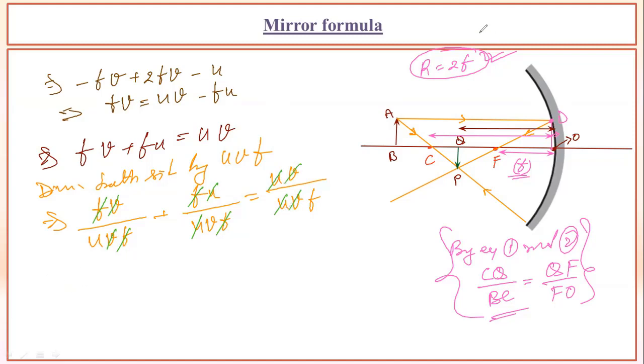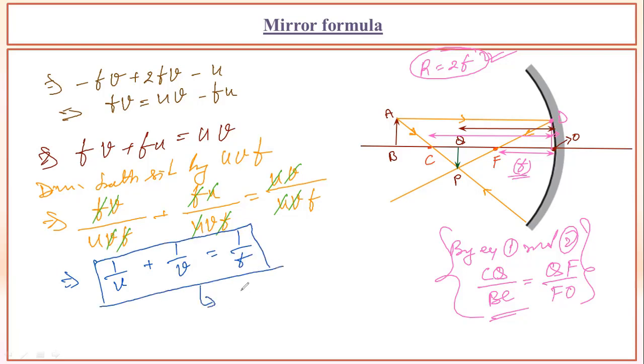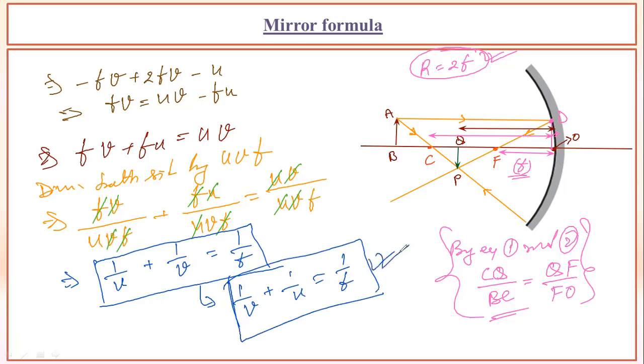So ultimately you are getting at the end 1 by U plus 1 by V is equal to 1 by F. This is the mirror formula which we used to get, or you can write it as 1 by V plus 1 by U is equal to 1 by F. Both are the same thing, so there is no problem regarding that. So this was the mirror formula, which we had to derive throughout this whole figure.